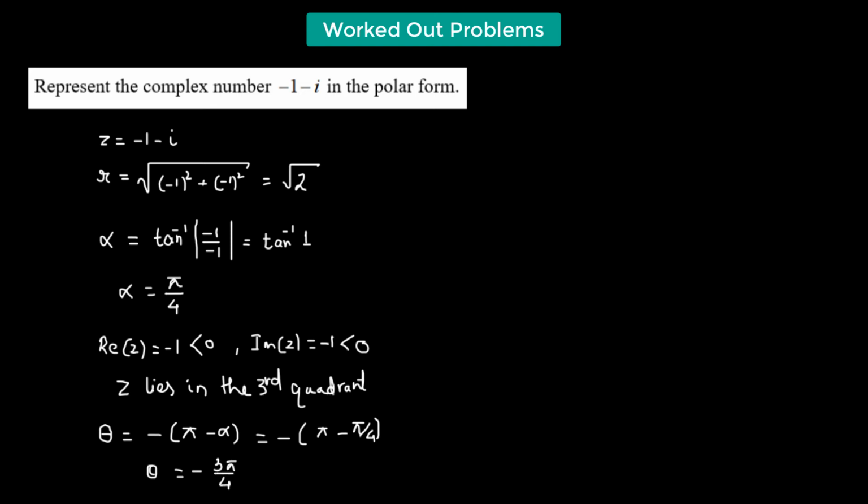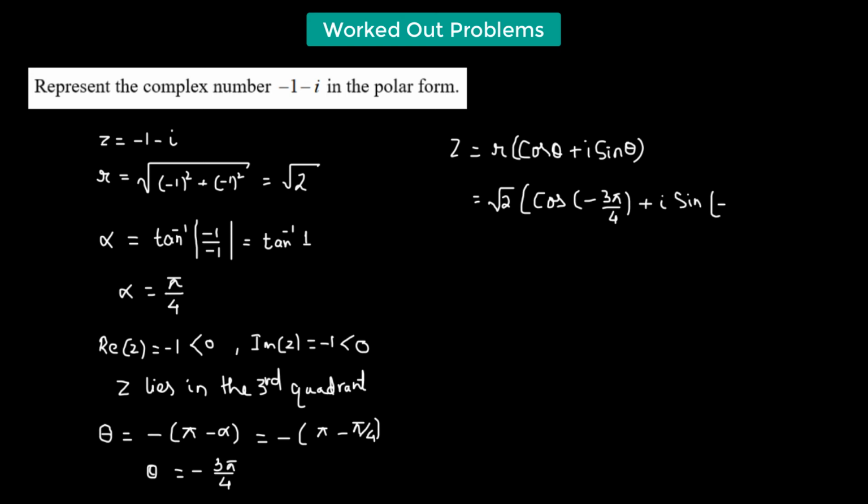Now that we have the value of both r and theta, our polar representation will be z equals r cosine of theta plus i sine of theta. So we replace the value of r by square root of 2 multiplied by cosine of -3 pi over 4 plus i times sine of -3 pi over 4.